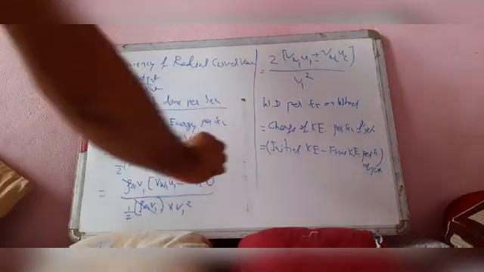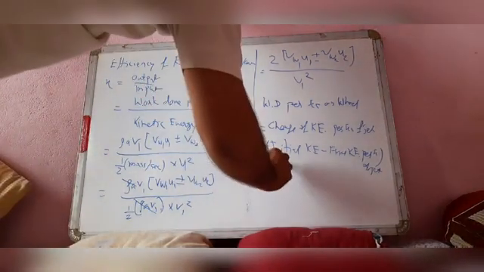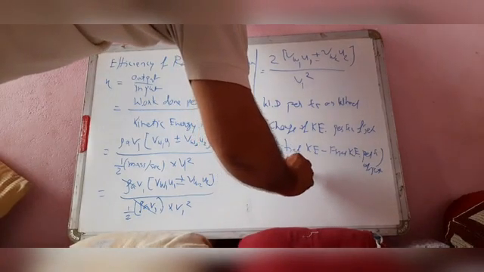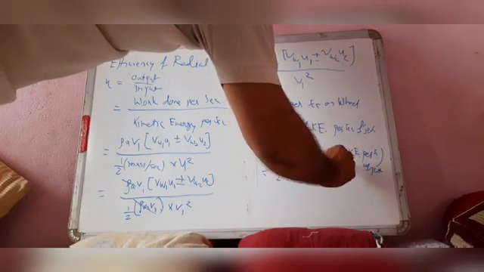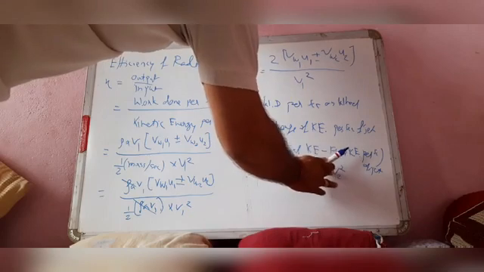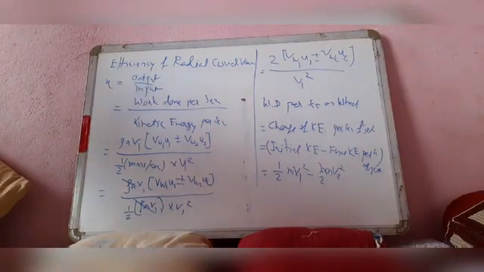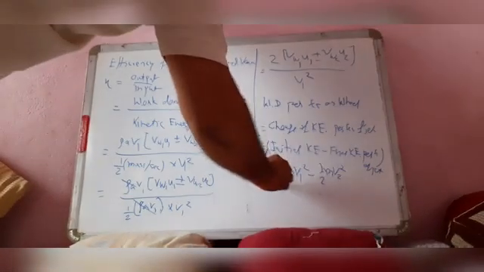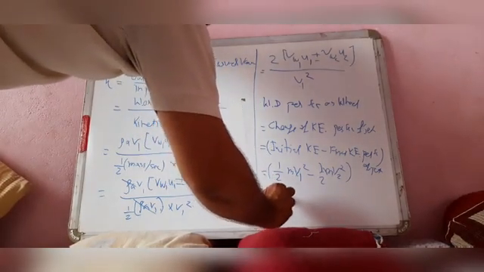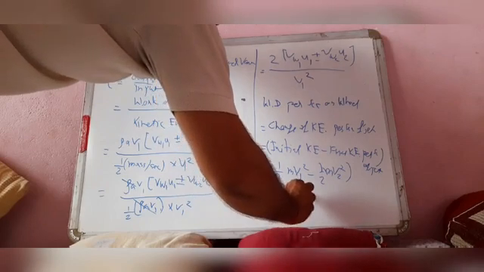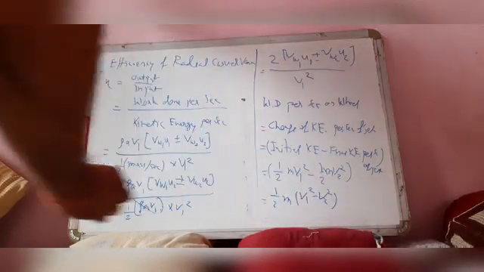So putting the values, initial kinetic energy half of mv1 square minus half of mv2 square. Taking half m common, that is v1 square minus v2 square.